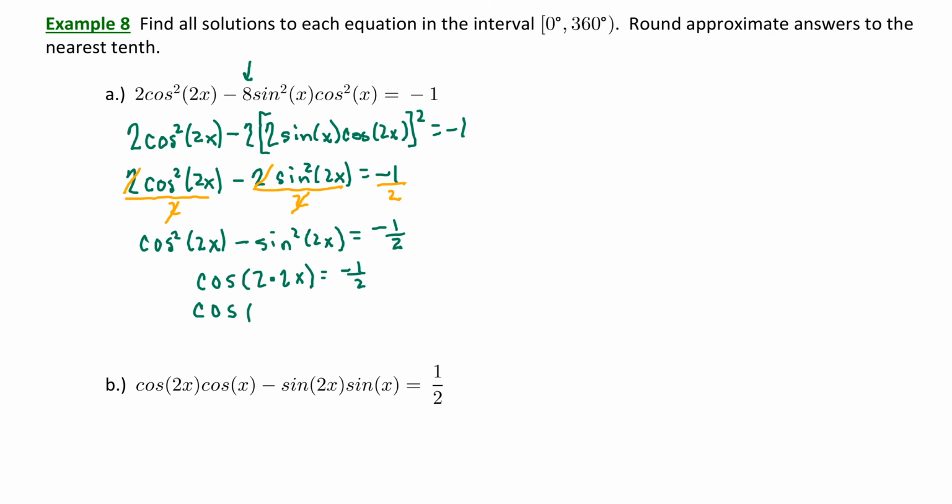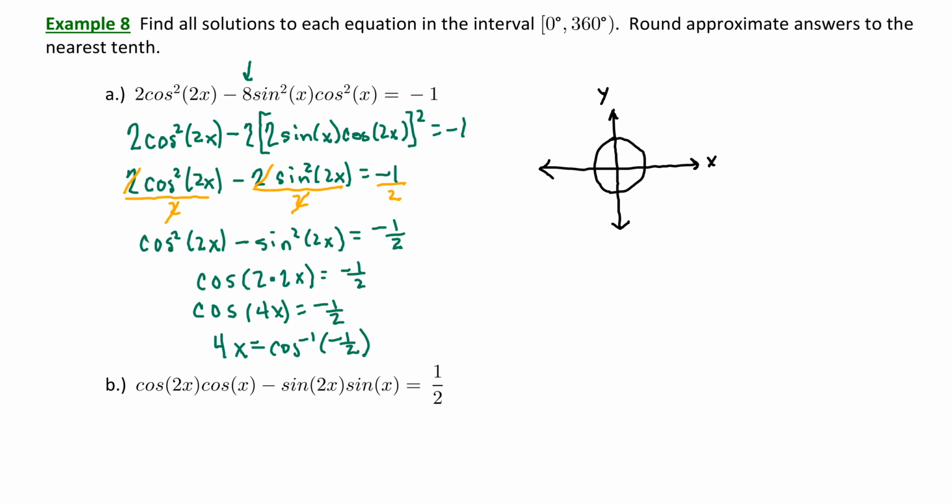So now we need to solve the multiple angle equation cosine of 4x equals -1/2. We can isolate the argument by applying the inverse cosine to both sides. Then we will find the locations on the unit circle where cosine of x is equal to -1/2.